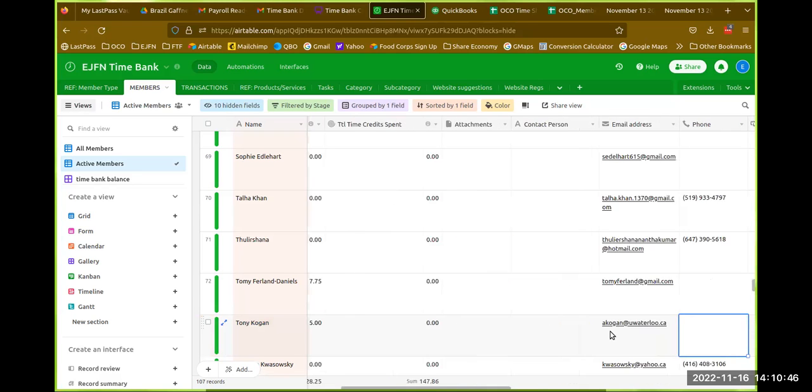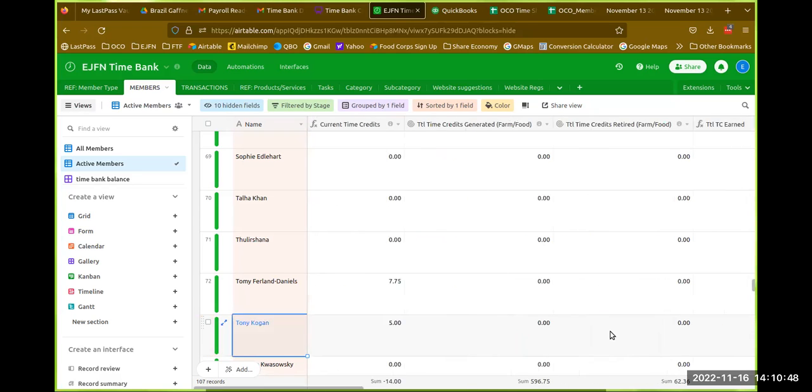I've made an automation that ideally should email everyone on a monthly basis, not only what their current time credits are, but any time credit transactions that they've been involved with in the past month. I love that. That's really good.